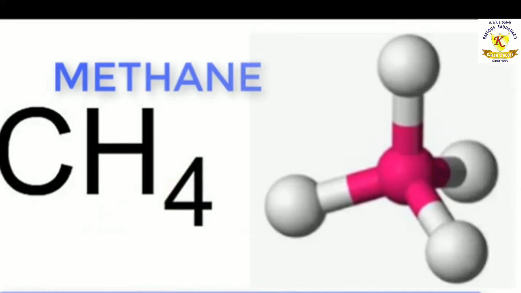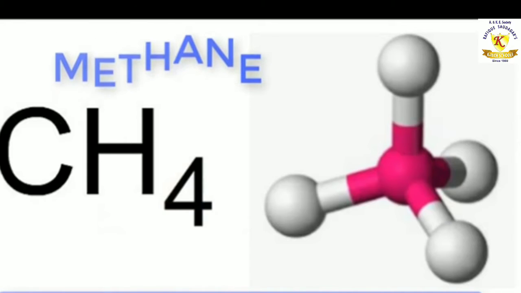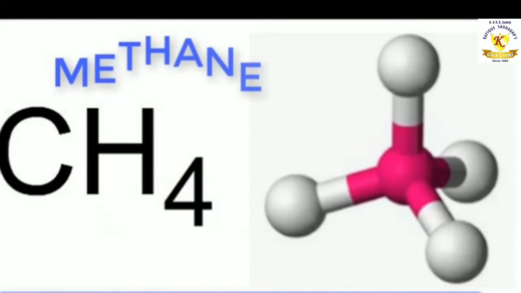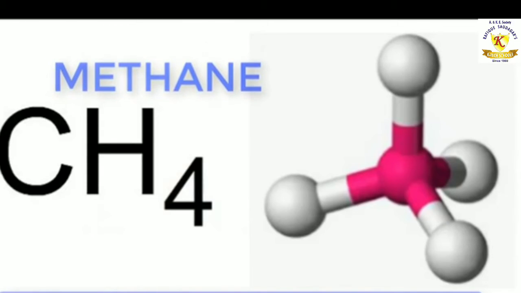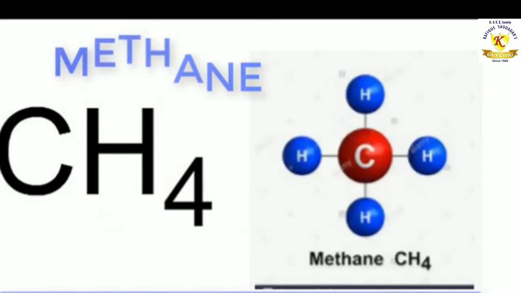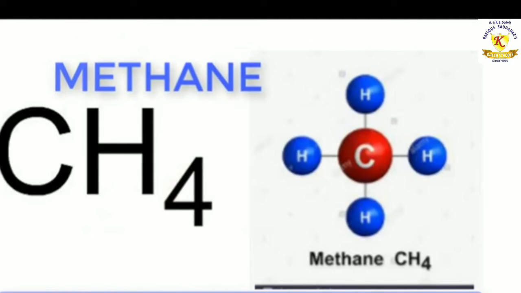Understood, children? Methane is produced during the decomposition of plant matter in the absence of air. It is given off from swamps and is often known as marsh gas.